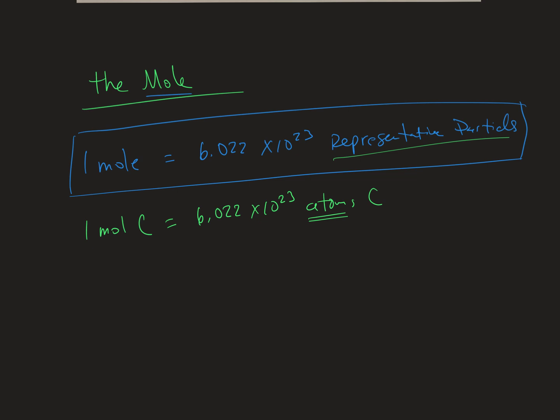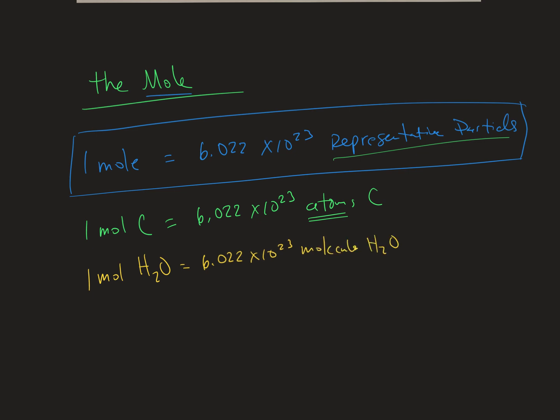Another example, if we have 1 mole of water, what's the smallest particle of water that tells us it's water? A molecule of water, or 1 H2O, right? So this is 6.022 times 10 to the 23 molecules of water.